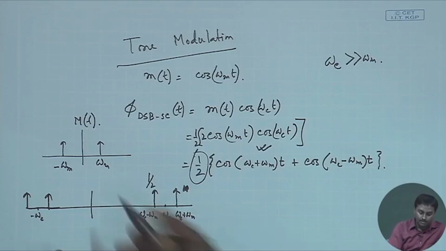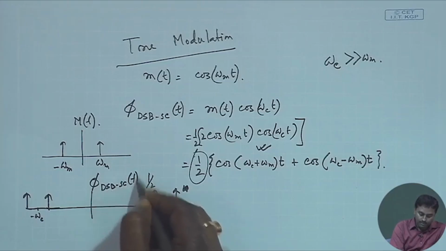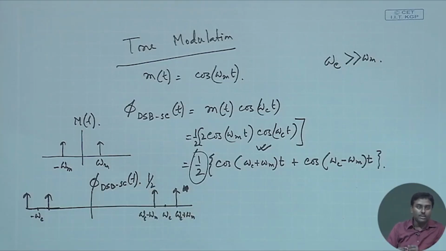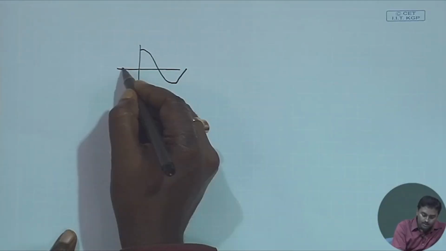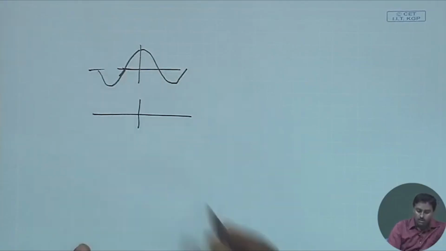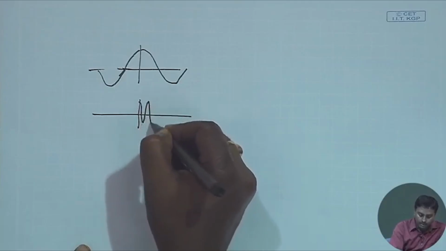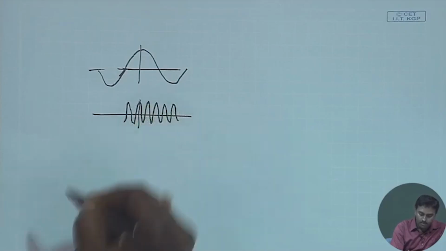So that's phi DSBSC(f). Whenever we modulate a tone with a carrier, we just get 2 cosinusoidals, and the corresponding time domain representation will be something like this. This is your modulating signal with frequency omega m, and let us say that is the carrier which has a much higher frequency.